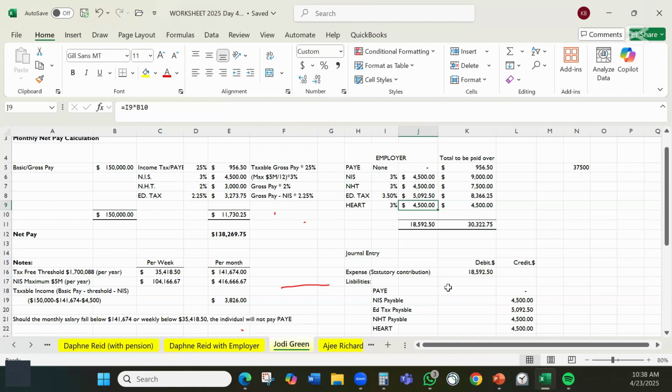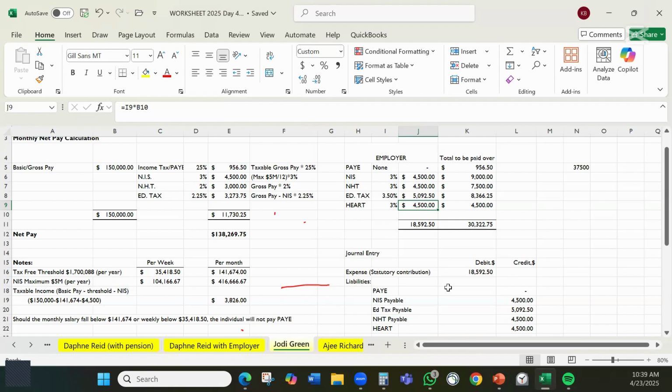So, for the employee, the taxable payment for everything calculated is 11,730.25. That is added with the employer's taxable amount, which is 18,592, totaling 30,322.75.